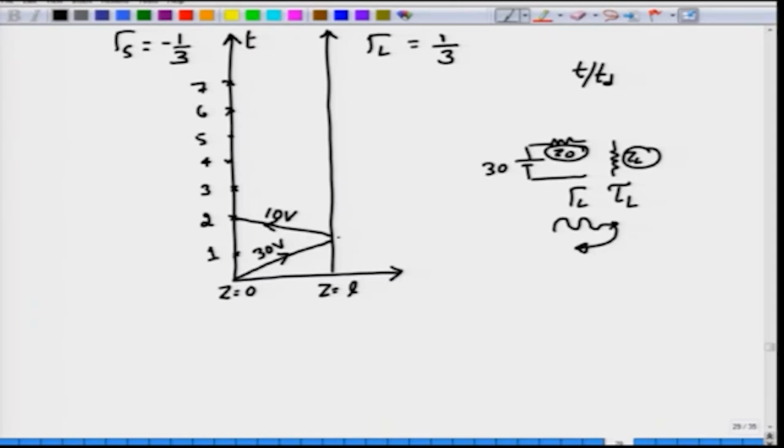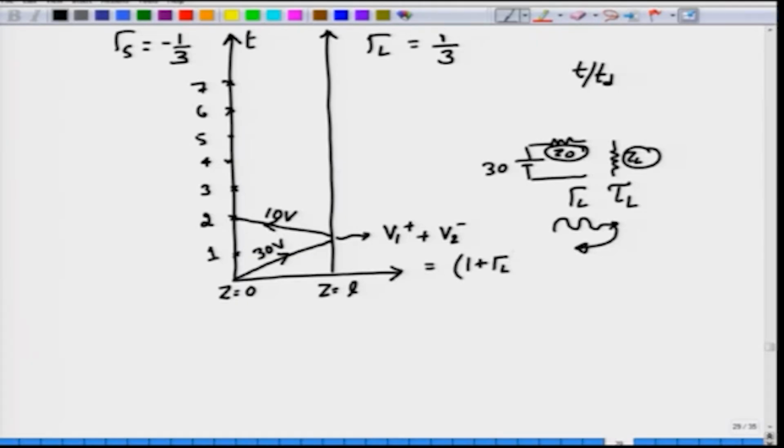Okay. However, at every point the total voltage on the line will be the sum of incident and reflected voltages. Therefore, because of the voltage continuity that you need to have, the voltage that you would see at the load will be equal to the incident voltage, which is V1 plus, plus the reflected voltage, which is V2 minus. However, V2 minus is actually equal to gamma L times V1 plus, we will write that one.